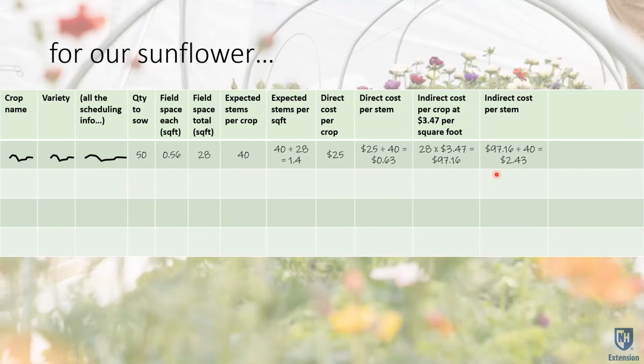Each stem that gets sold, not that gets sown, but gets sold, costs $2.43 in indirect costs. So now very simply, I can add up my direct costs plus my indirect costs to get a total cost per stem. And in this case, it's $3.05.